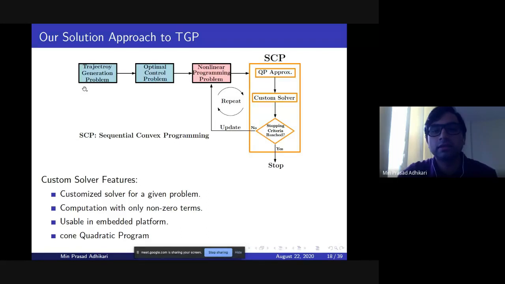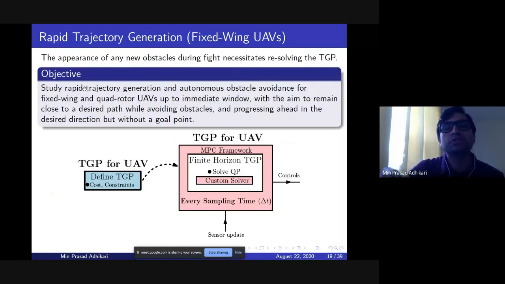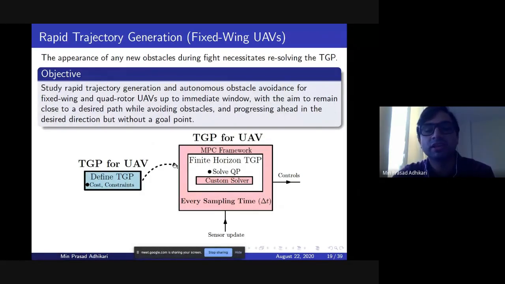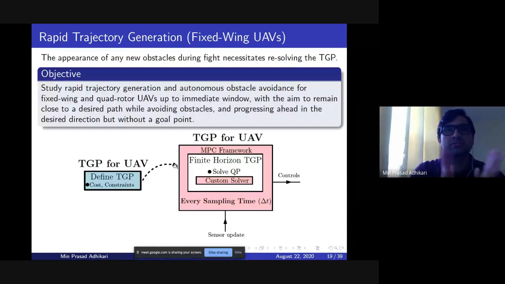Yeah, so overall, now we jump into the topic. The objective of this study was to study rapid trajectory generation and autonomous obstacle avoidance for fixed wing. Though I have written quadcopter here, and that was a part of the study as well, I'm just presenting on the fixed wing. And up to the immediate window, meaning that if you have a starting point and a goal point, and you want to generate a trajectory numerically, then you have discrete node points in between them.